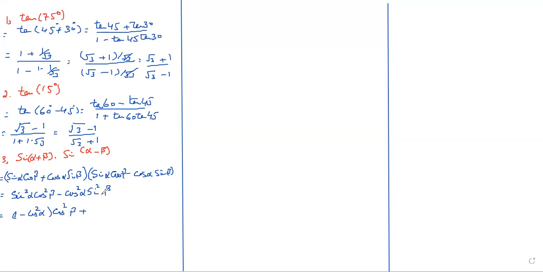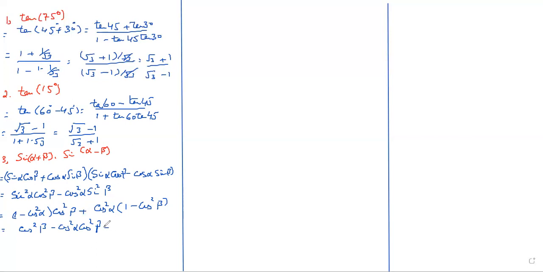Now this sine square beta can be written as 1 minus cosine square beta, so we have cosine square alpha times cosine square beta minus cosine square beta, no, this is minus, okay.